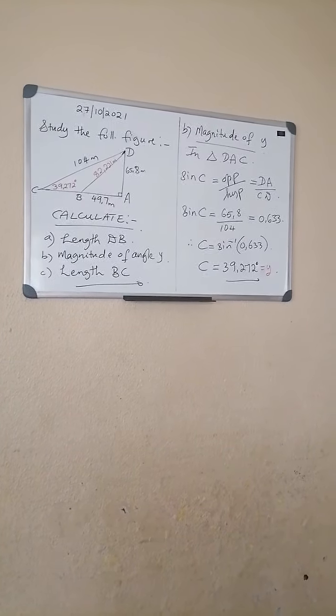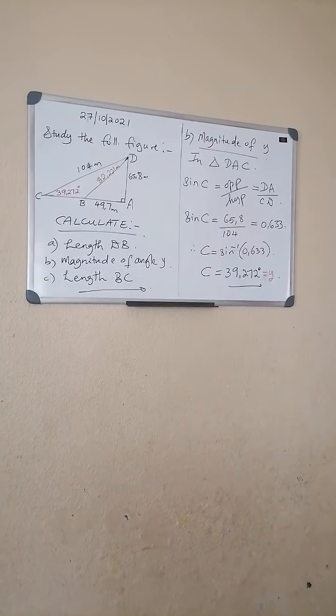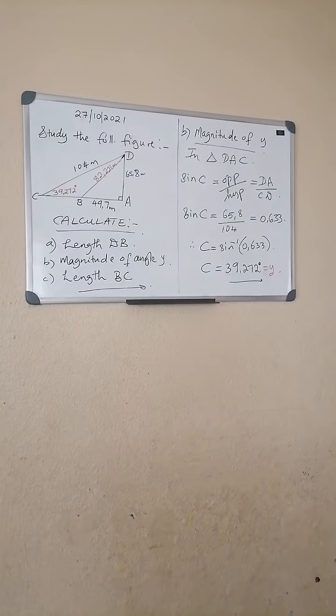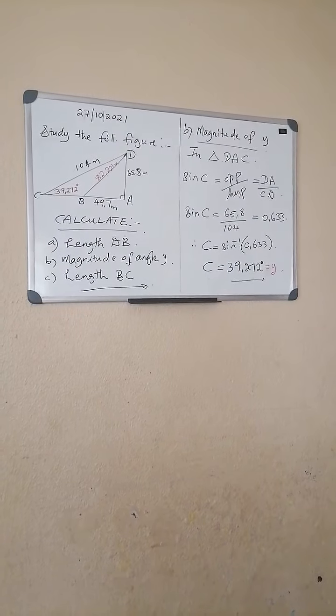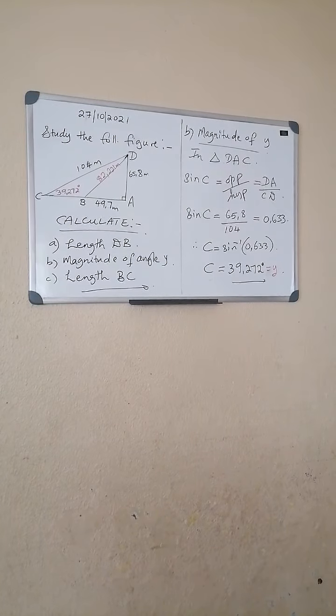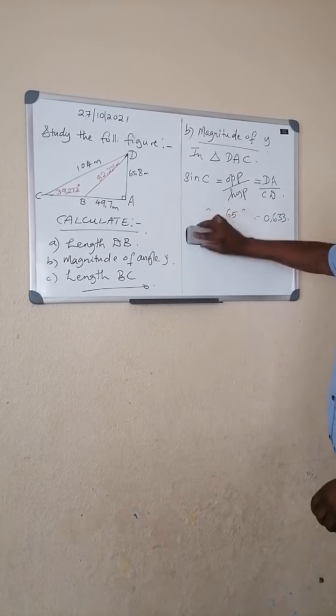Now if we have this angle C as 39.272 degrees, then it means we can go to the last question and calculate the length of BC. Okay, let me take this off and let's go calculate the length of BC.